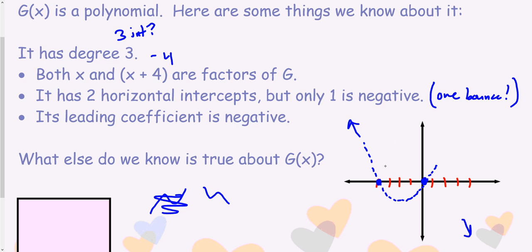But that's going to create a third horizontal intercept that I don't want, right? I can't cross this axis again. So in order for that to be able to cross and come down, one of these is going to have to bounce.